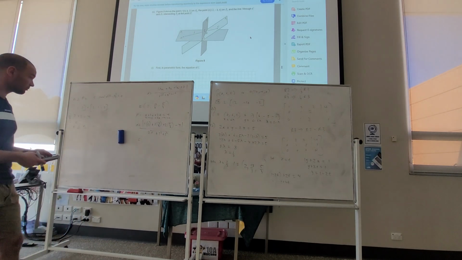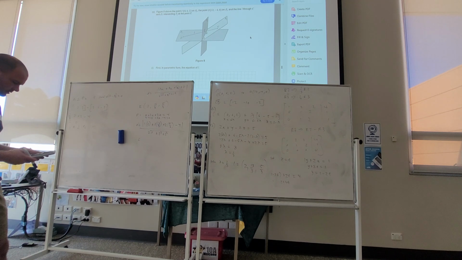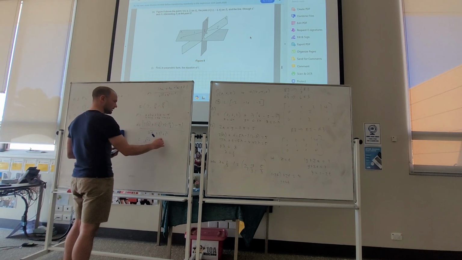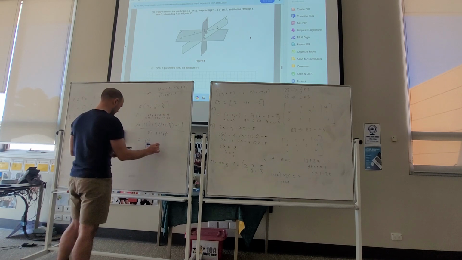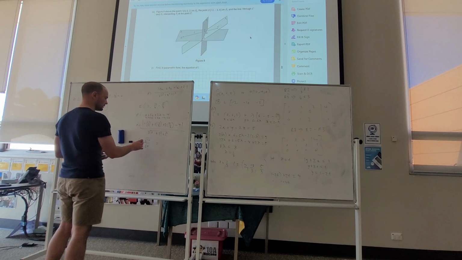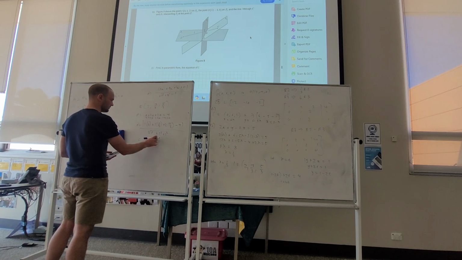Plus 26 on 3, plus 10 on 3, and then take 4. So that's 10, so we have the modulus of 10 at the top, and at the bottom we have the square root of 9.